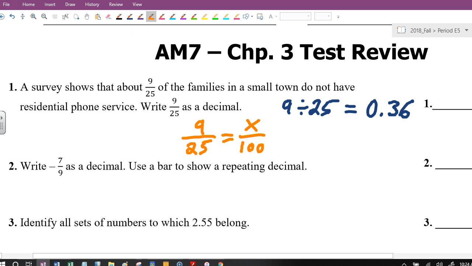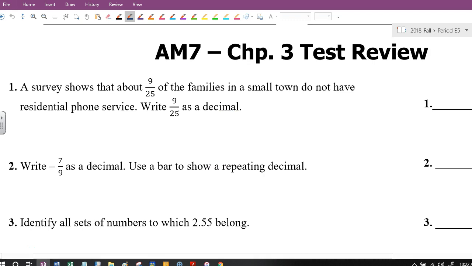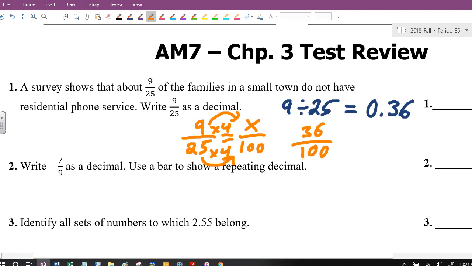So how many times bigger does 25 get to 100? 4 times. So this one's also times 4, and that would make 36, and then you convert it into a decimal and get 0.36.